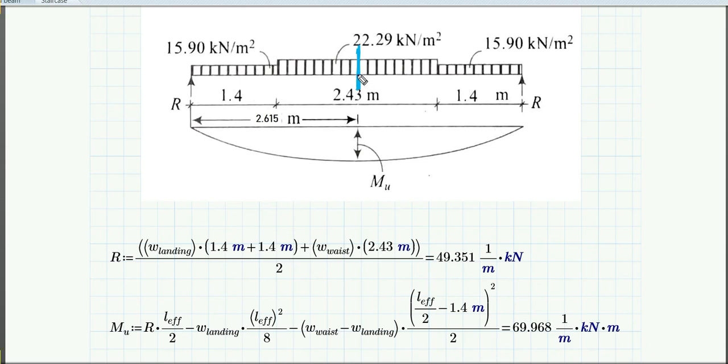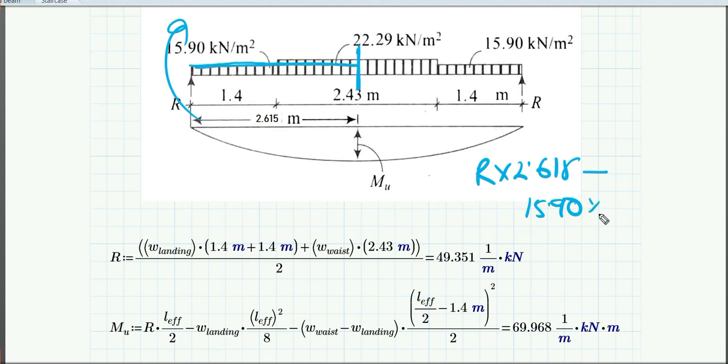So how to find out the moment at this location? R into this distance, R into 2.615, minus for the loading, suppose I am considering 15.90 all over the beam, 15.90 into 2.615, WL square by 2. This is going downward, so there is another moment from the top portion: minus 22.29 minus 15.90.